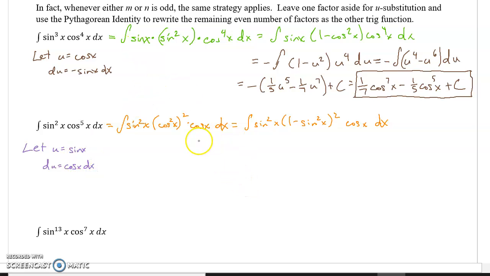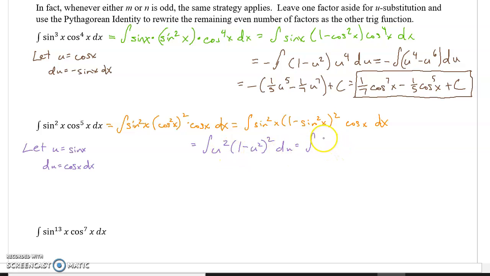So when we rewrite this, we've got sine squared is u squared. 1 minus sine squared is 1 minus u squared. We're still going to square that. And then the cosine of x dx changes to a du. And we can distribute everything through.